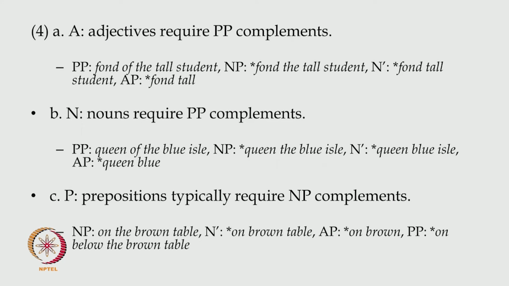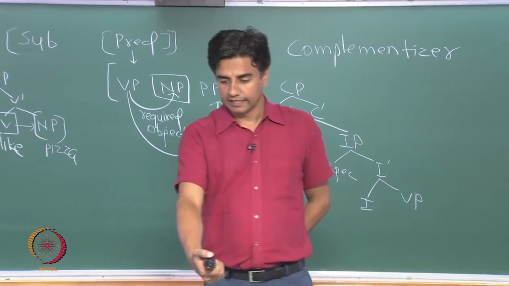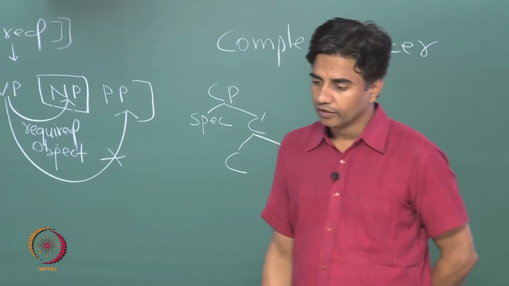Adjectives. An adjective may not need anything. I can say this computer is black. The adjective black doesn't need anything else. But if it needs something, it may need a PP as its complement. And the examples are given to you. Look at that.